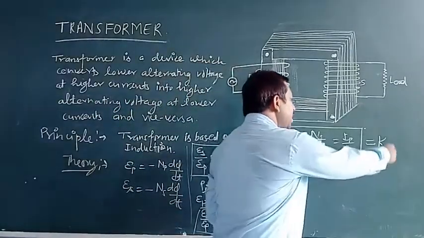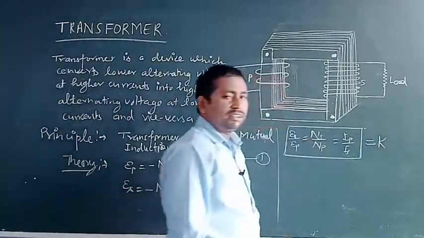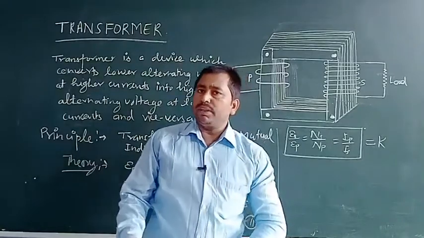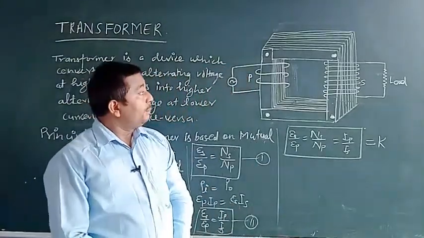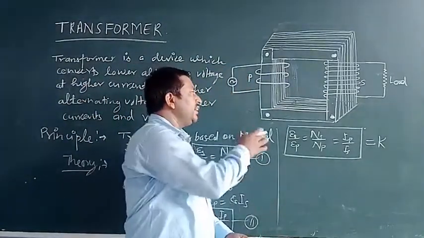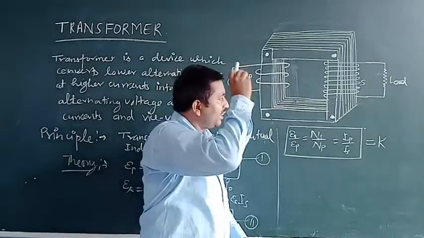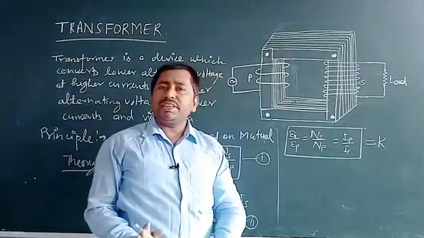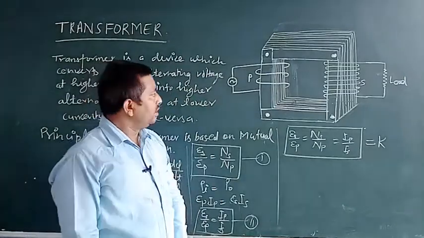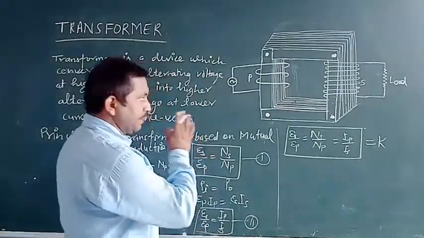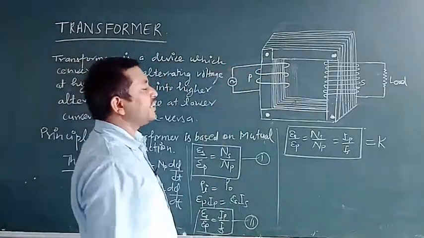Okay, if the value of K is exactly equal to 1, then the voltage applied across the primary coil is obtained in the form of secondary coil. It means there is no change in the EMF in the primary and obtained at the secondary coil.